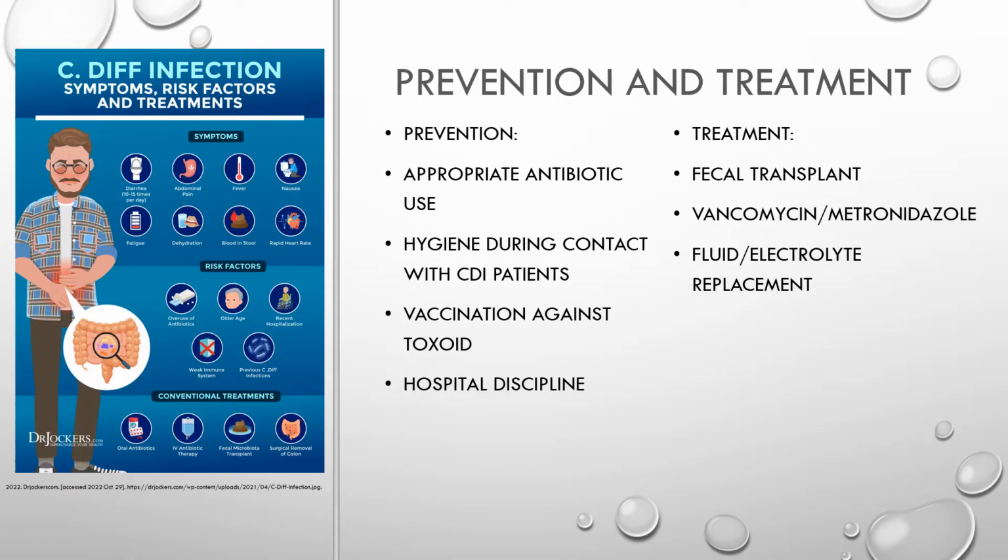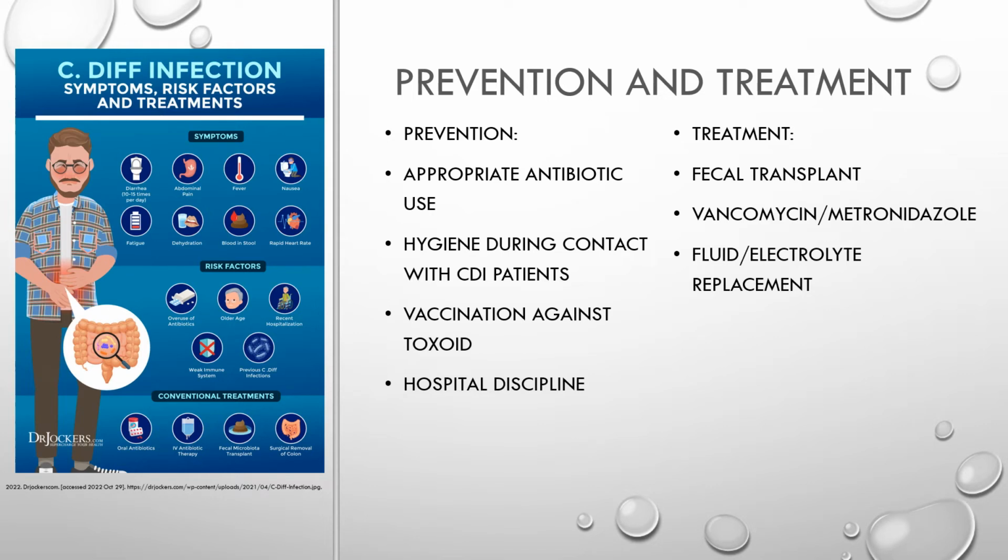So, as with any other pathogen, prevention is obviously preferable to having to treat a patient. So, ways to prevent C. diff infection from occurring in the first place would be appropriate antibiotic use. So, not using an antibiotic for very mild infections that could just resolve naturally without antibiotic use.